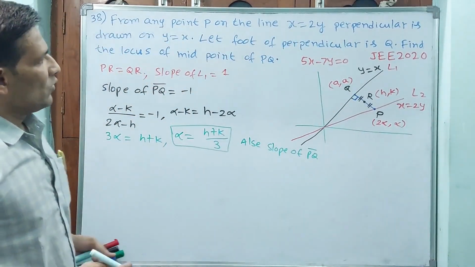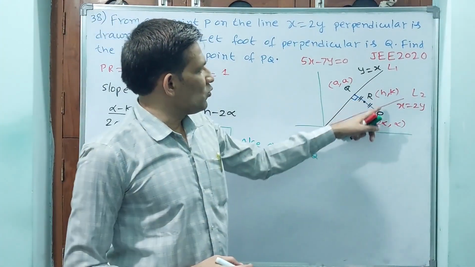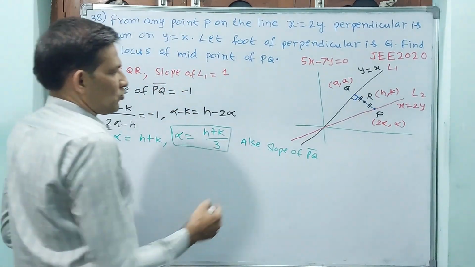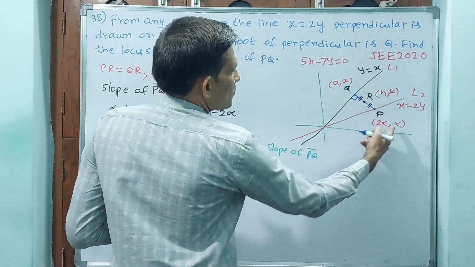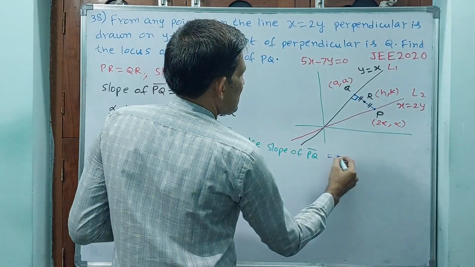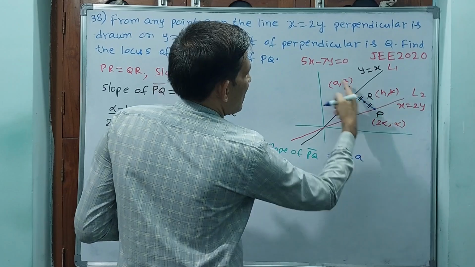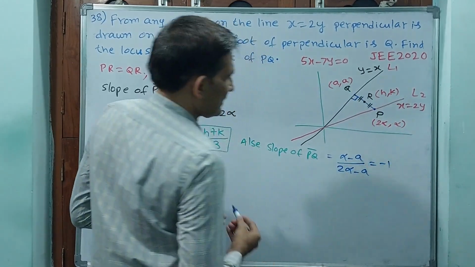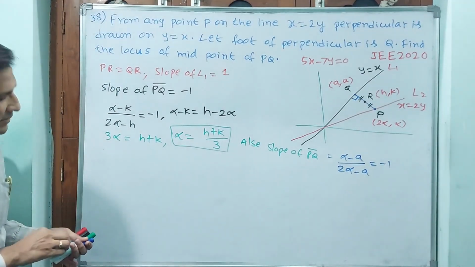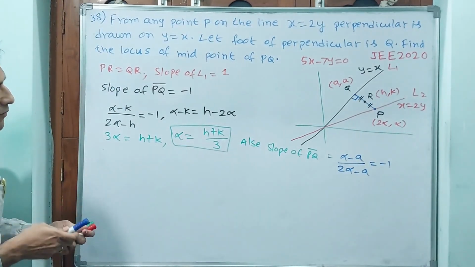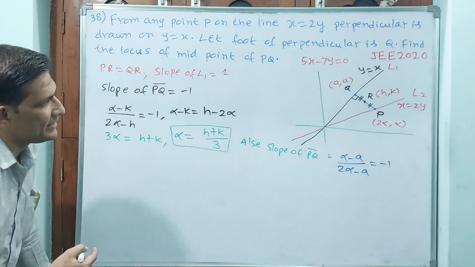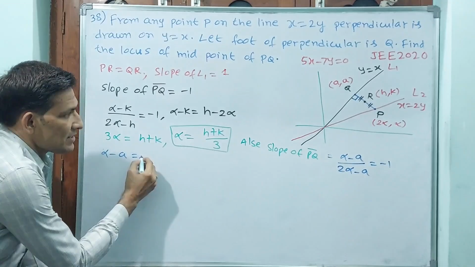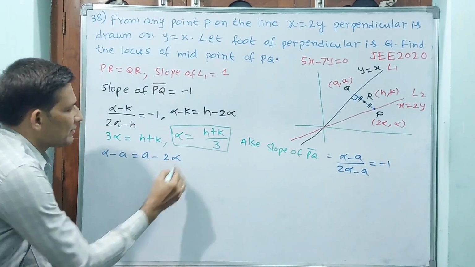See, now how I am doing the slope. Earlier these two were taken, now I am going to take these two. Also slope of PQ is equal to alpha minus a by 2 alpha minus a, which is equal to minus 1. That slope we know. Now write down: alpha minus a is equal to a minus 2 alpha.